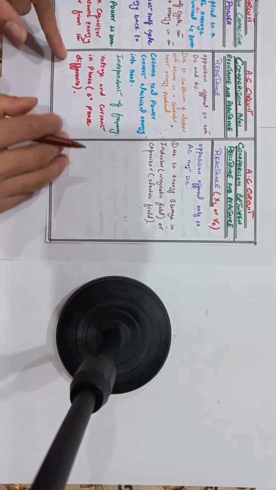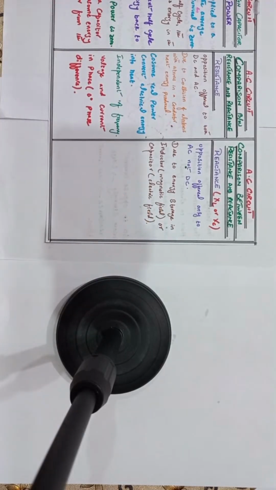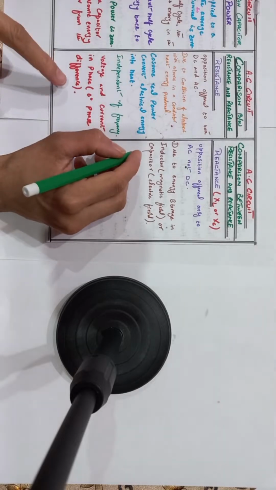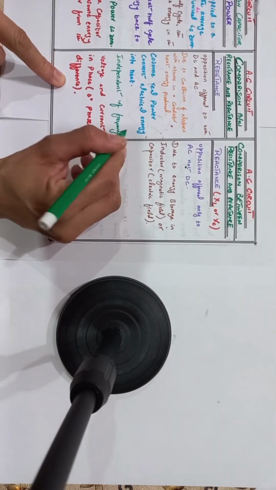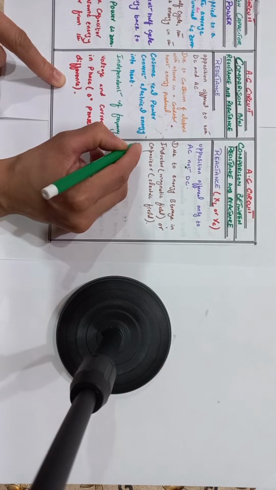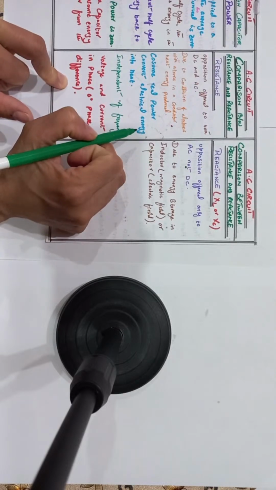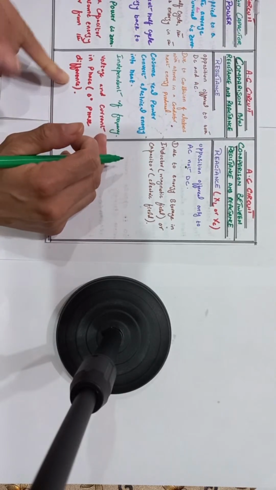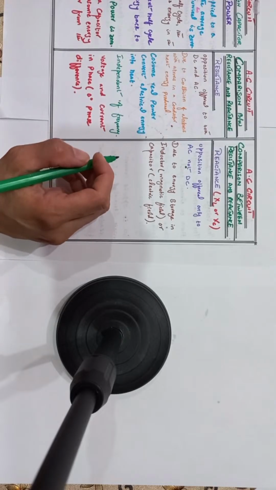Third point that is we write that it does not consume real power, only stores and returns the energy. Reactance does not consume the real power. Resistance we discussed consumes the real power. It converts its energy into heat and light.